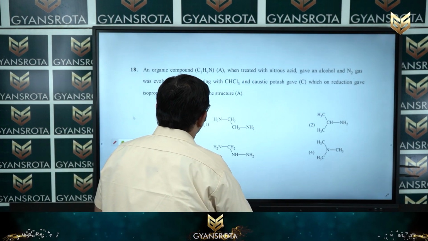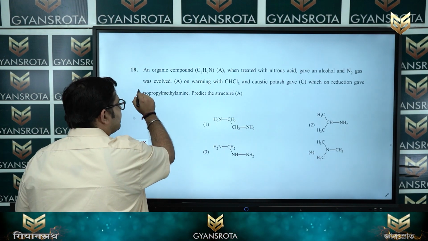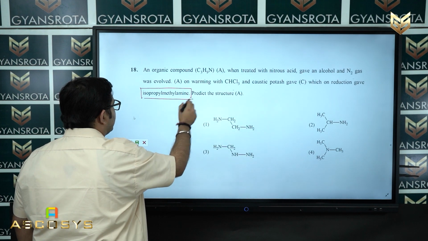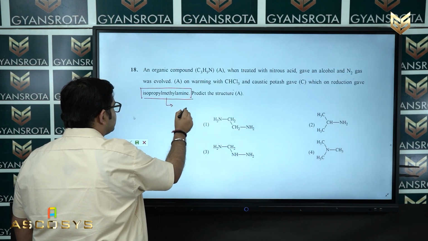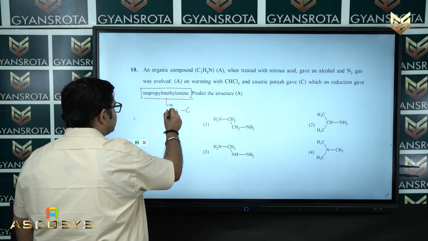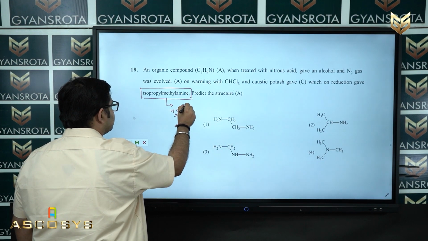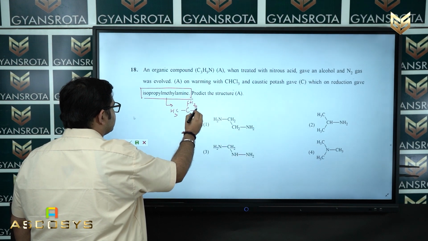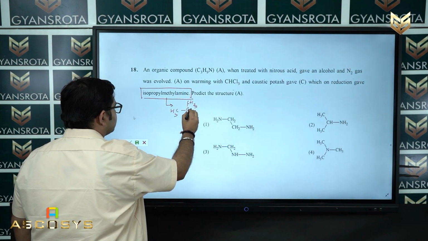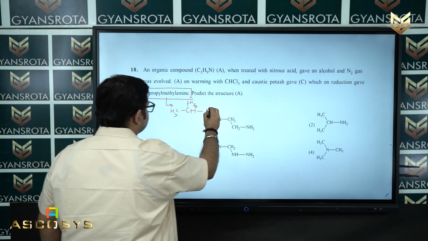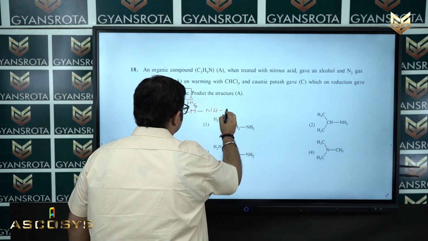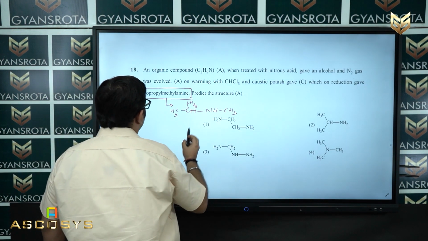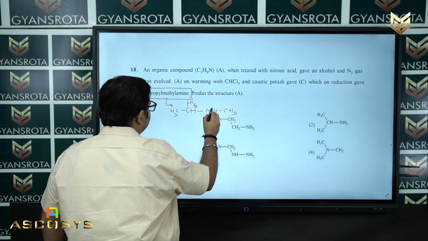Now, if you see here, first you have to concentrate on the product we are getting, that is isopropyl methylamine. It means my structure looks like this. So, this is nothing but your isopropyl methylamine.